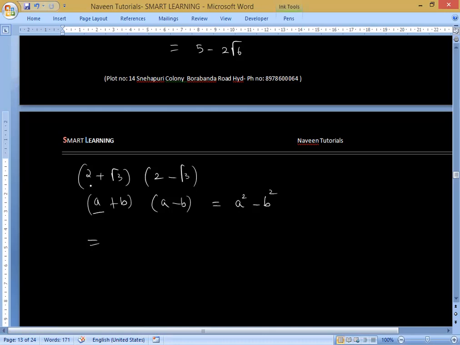The value of a is 2, so 2 square, and in the place of b is root 3, so root 3 square. 2 square is 4, root 3 square means root 3 into root 3, which is 3. So 4 minus 3 is 1. Okay now.